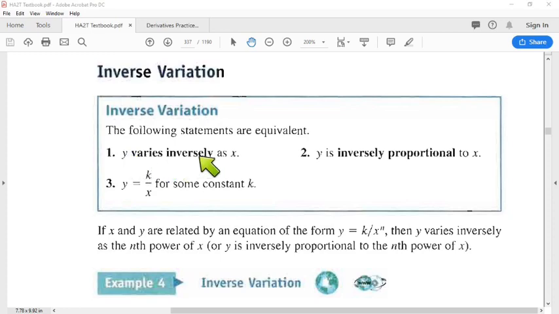When you start seeing words like this, that's when you're dividing K by that variable instead of multiplying. So y varies inversely as x, and so the K, the constant of proportionality, goes on top. Or you can say y is inversely proportional to x.